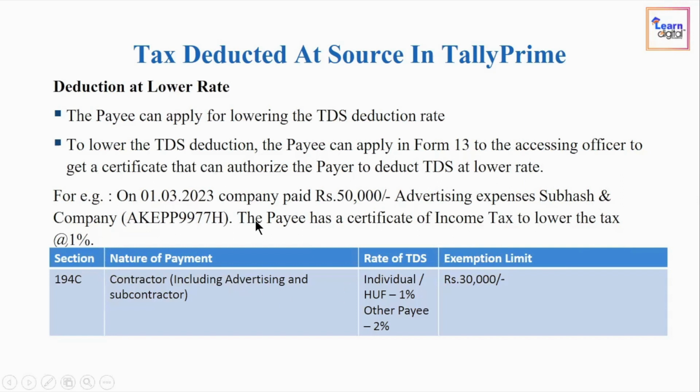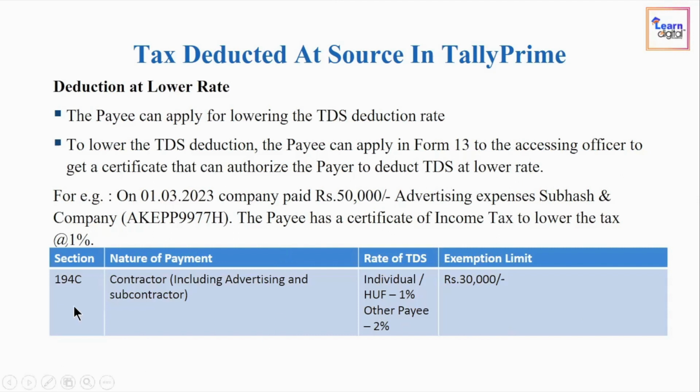So payee, that is Subhash and company, filled form number 13, applied it to the assessing officer. The assessing officer issued a certificate to Subhash and company, and this certificate is submitted to us, that is payer, so that we can deduct the TDS at only 1% rate. So this is what the situation or the problem is.